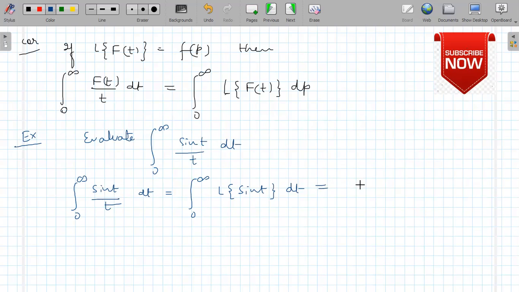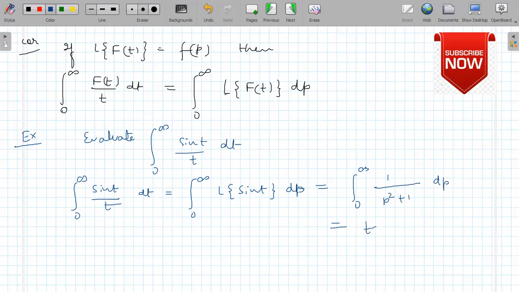So this is equal to the integral from 0 to infinity of 1 upon p squared plus 1 dp.